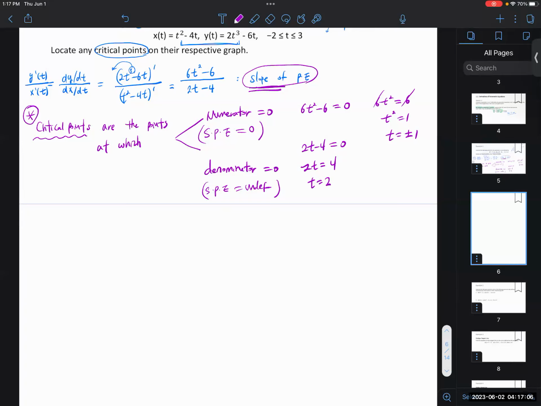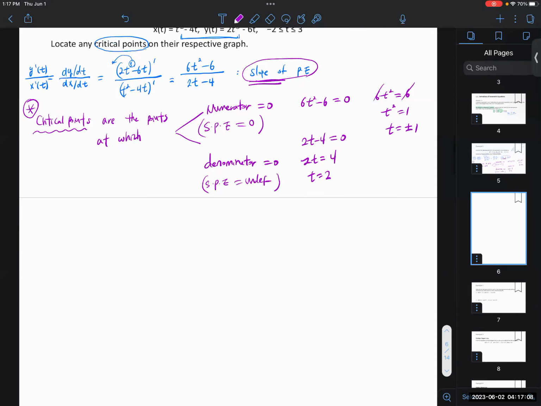This is how you find the critical points. So we found three pieces of information: t equals plus or minus 1, and t equals 2. At those three values, you're going to find the critical points. So when we have the three cases, t equal to positive 1, t equal to negative 1, t equal to 2, then what happens?